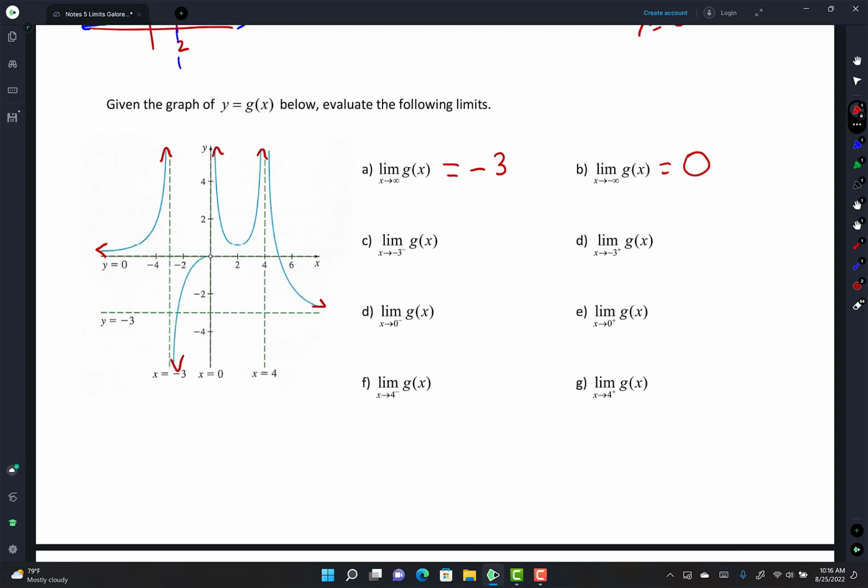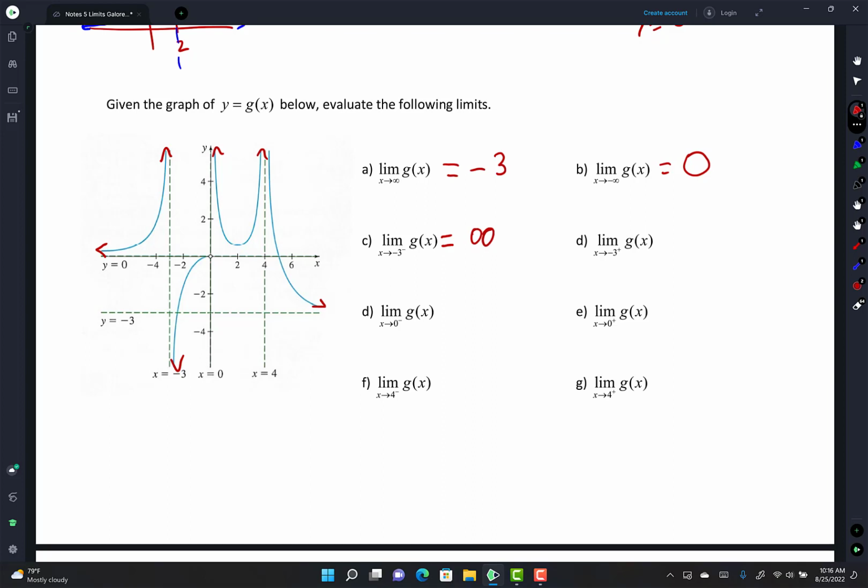Can someone read the statement for letter C? Perfect. So I'm looking at negative 3, and I'm approaching from the left. If I approach negative 3 from the left, it looks like it's what behavior? Infinity. Perfect. Letter D, limit as x approaches negative 3 from the right.